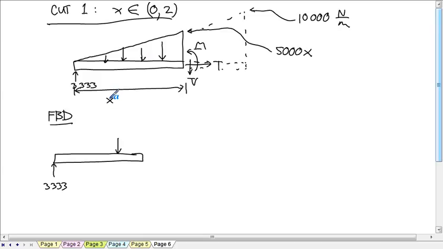It's the base x times the height 5,000x divided by 2. So 2,500x squared. And this distance, if the whole thing is x, then this is 2/3 x. Any questions about that? And then we have the internal loads.